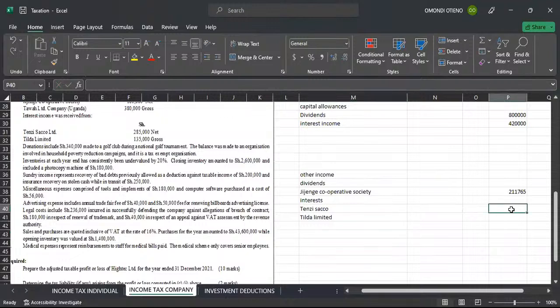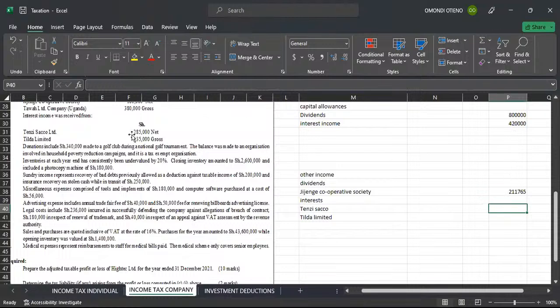So whatever was received from Tenzi Sacco here is net. So we adjust the missing 15%. Above, we removed it all here, so we look for the missing 15%.